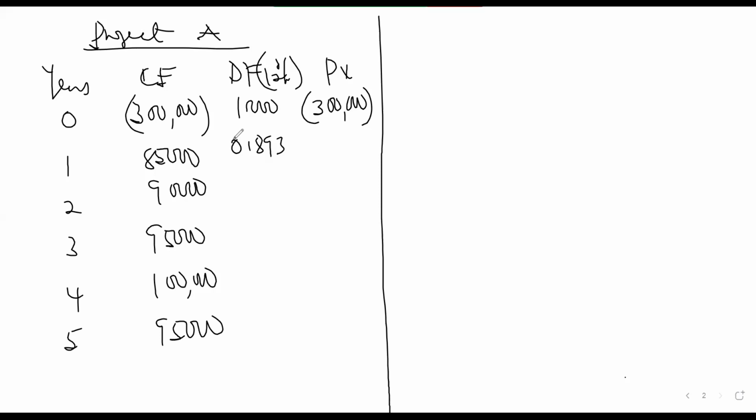Please mention it again. He said 0.797. Yes. Okay. Year 3 is what? 0.712.